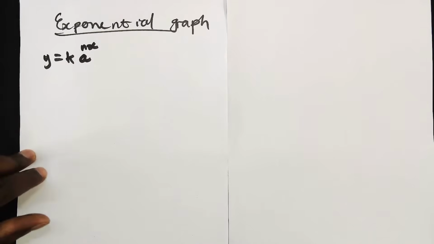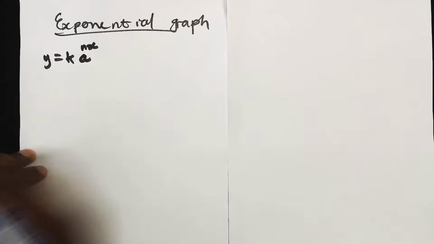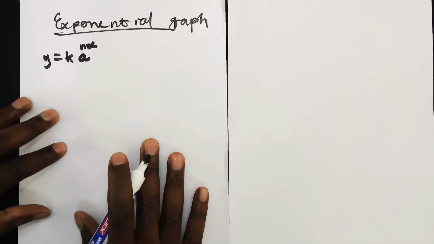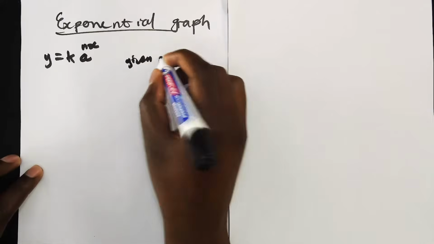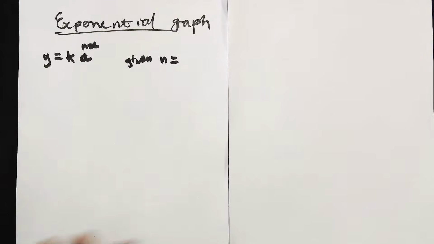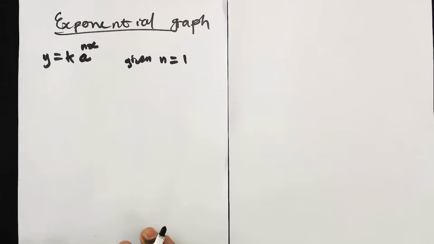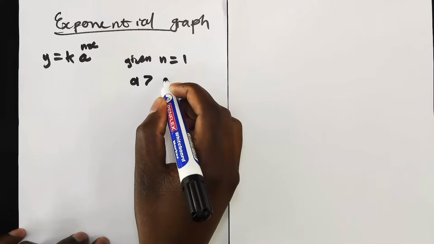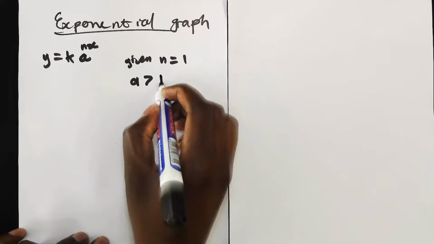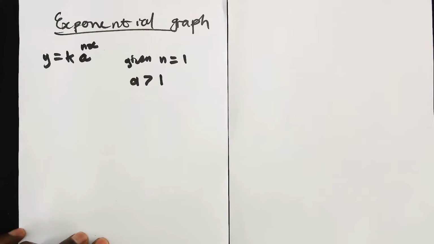So there are a few things that we need to note. Given that n is equal to 1, and a is greater than 1, I can say greater than or equal to 1, but it must be greater than 1.